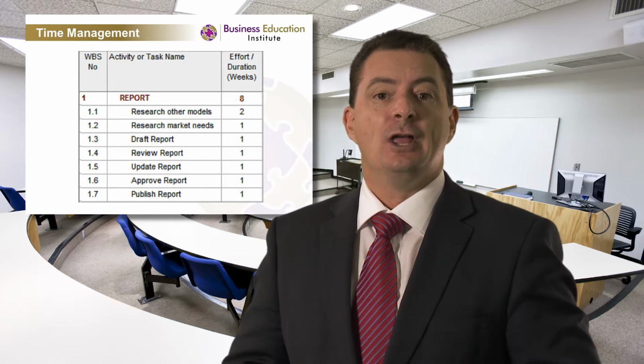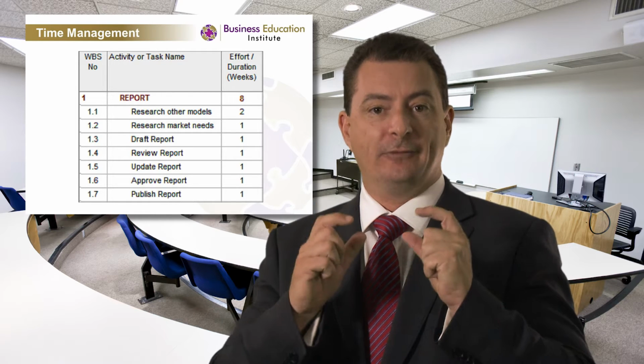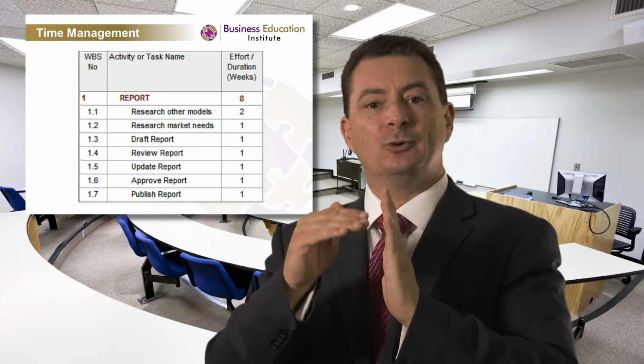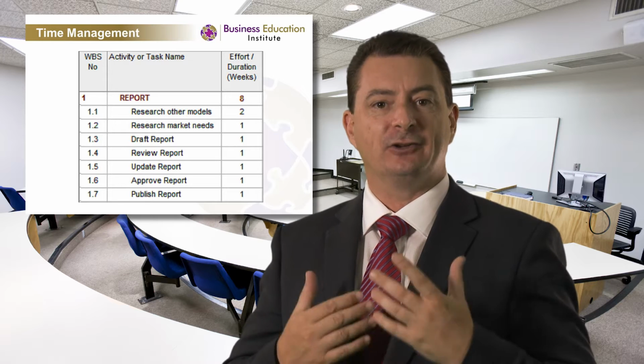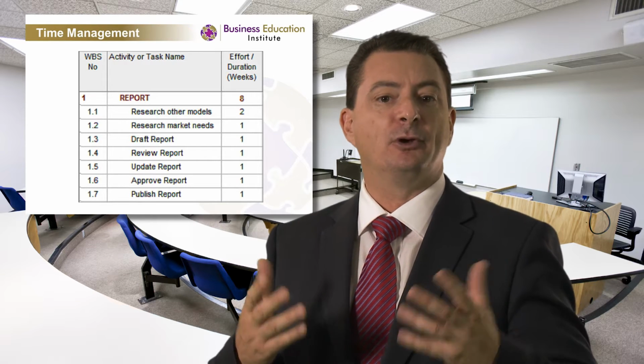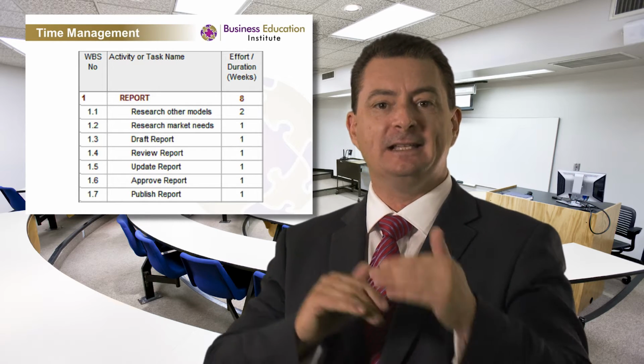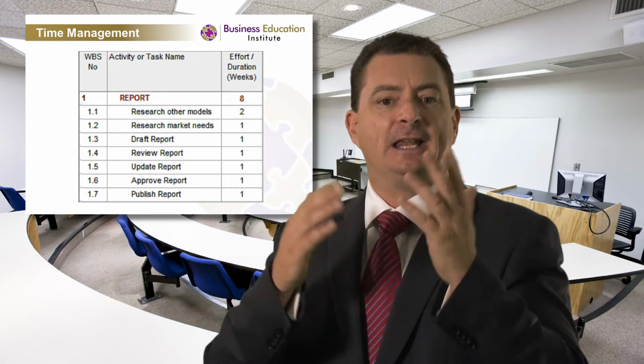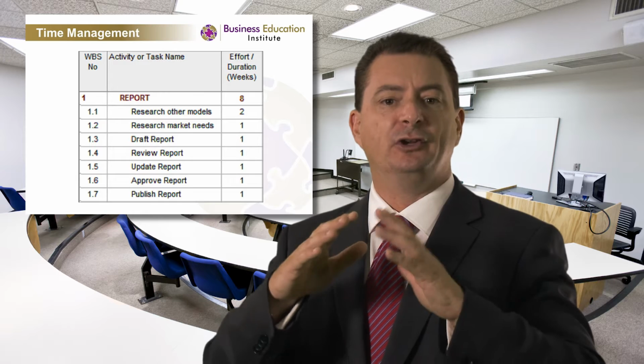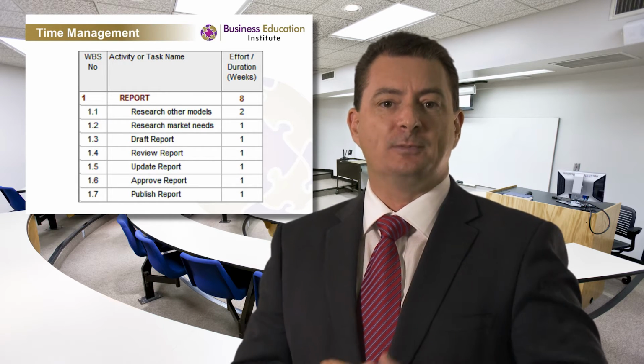For example, you'll have an activity called a report, and then we've got to state all the tasks that are involved in creating that report. For example, you might be researching other models and you might be researching the market needs as two different tasks. And then of course you've got the draft, the review, the update, approve, and ultimately the publication of that report.